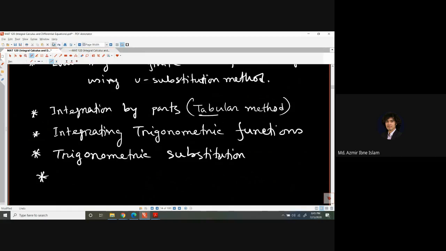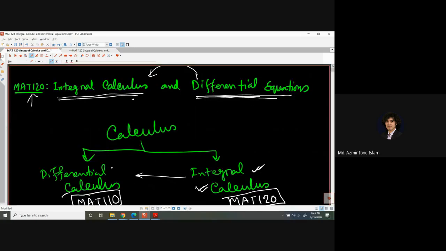Already you know that this course, Math 120, is the combination of integral calculus and differential equations. So after successfully completing integral calculus, we have to move to differential equations. Differential equations are actually based on integral calculus, so without the ABC of integral calculus we can't start this part.